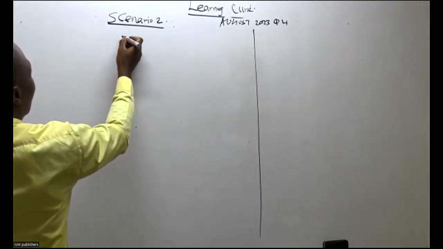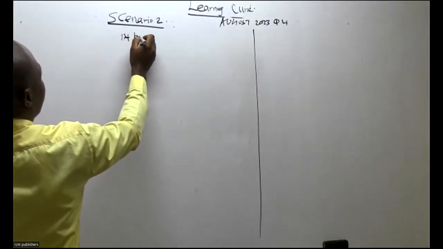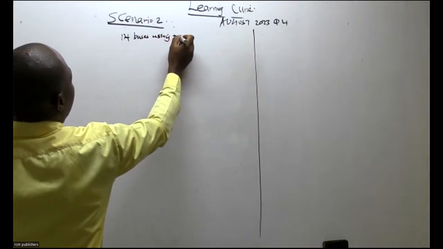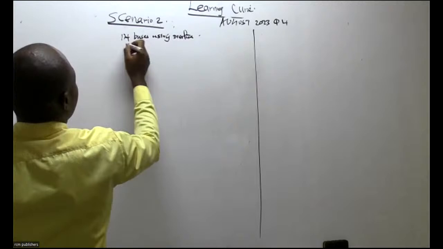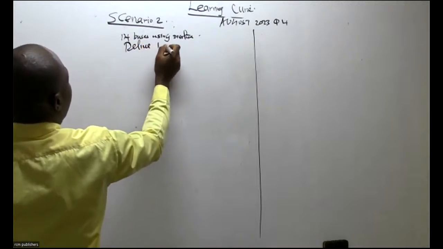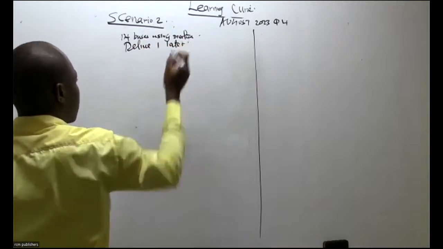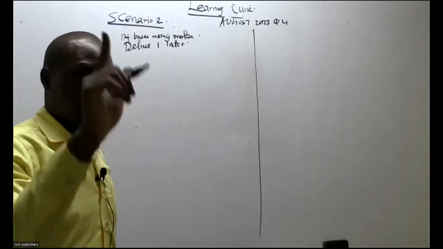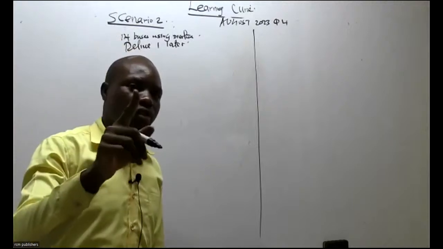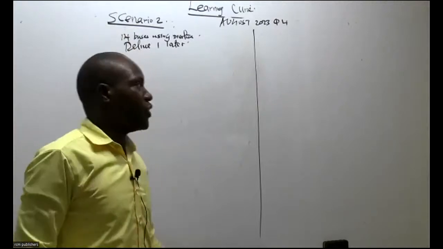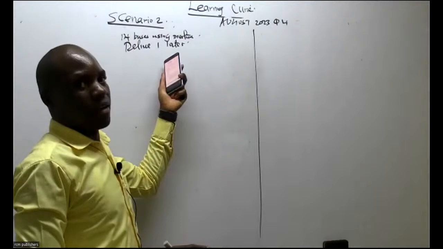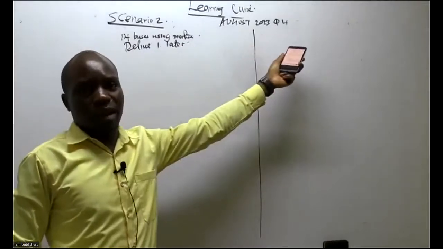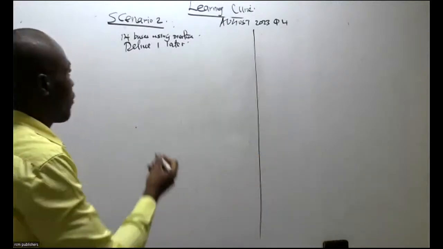We want to now produce 14 buses using overtime, then deliver 1 later. Late delivery of the buses leads to a penalty of 1.5 million per bus. So already we have the penalty here. It does not depend on the number of days. This penalty is already appearing. That is 1 mark gone.